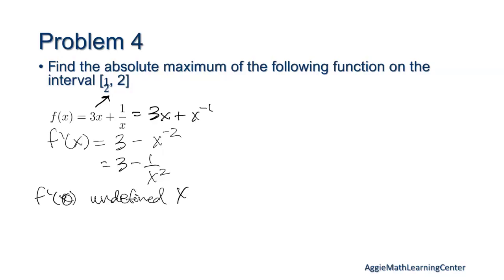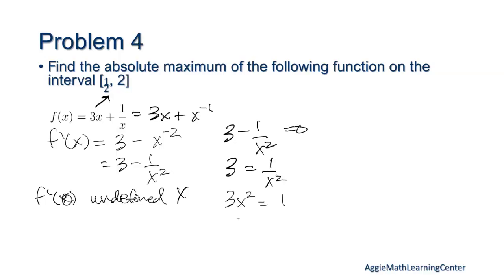What about f prime of x is equal to 0? What if we set this equal to 0? What do we get? Okay, we got to do some algebra, so we can add 1 over x squared to the other side. So you get 3 is equal to 1 over x squared. There's a few different ways you can do this, I suppose. I'm going to multiply by x squared on both sides. 3 times x squared is equal to 1.